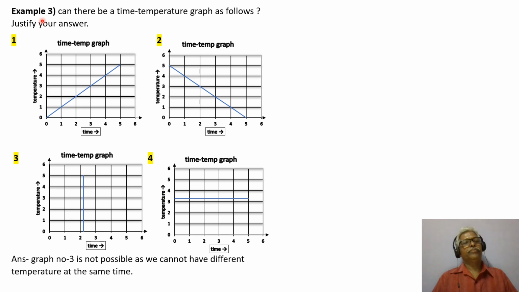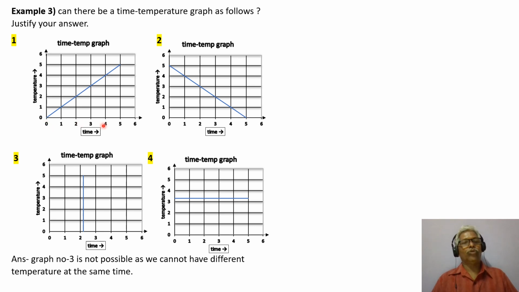Example 3. Can there be a time temperature graph as follows? Very interesting, and very intelligent. Go through this, justify your answer. Look at this graph, a time temperature graph.